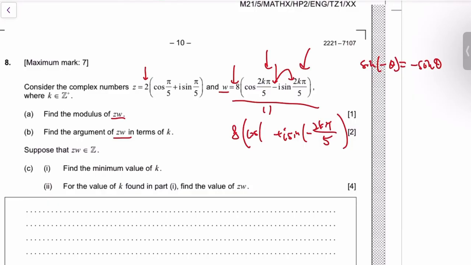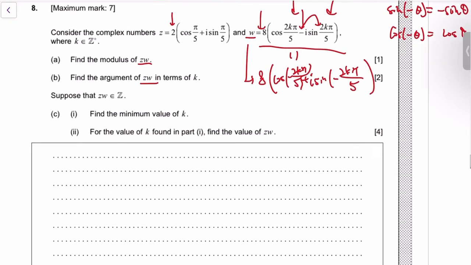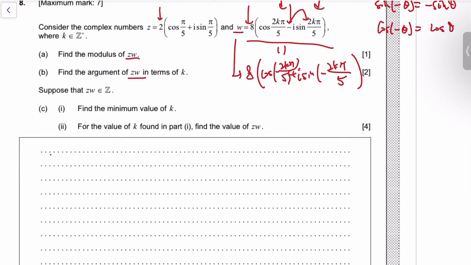But it turns out for cosine, you can add a negative if you like, because cosine negative theta is just cosine theta. Alright, so to write w in proper polar form, the argument should be negative 2k pi over 5.